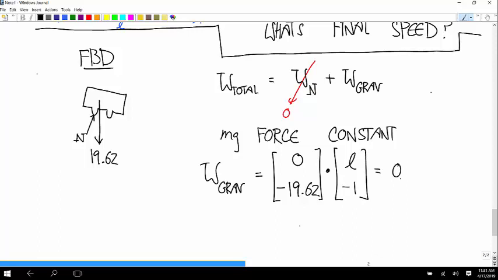And so that's 0 times L, so that L doesn't matter, plus negative 19.62 times -1. And so you get positive 19.62 joules.